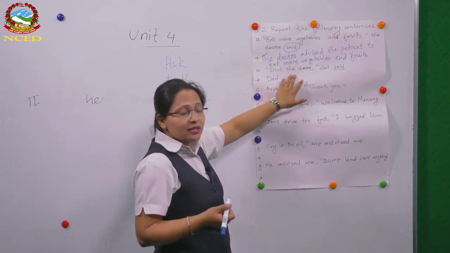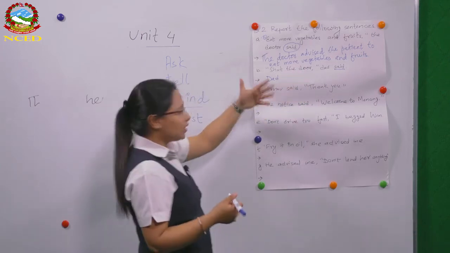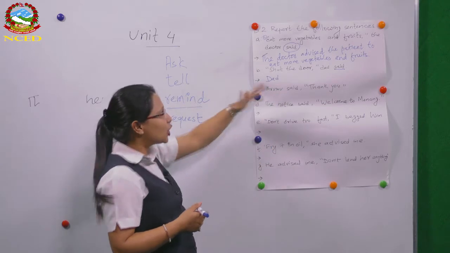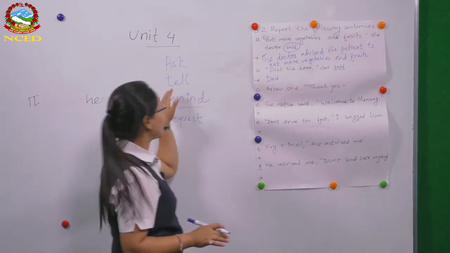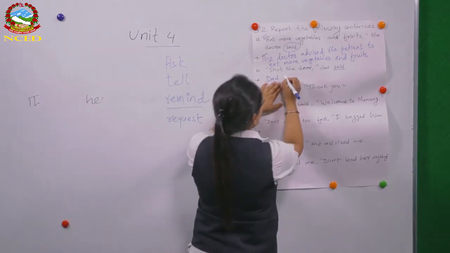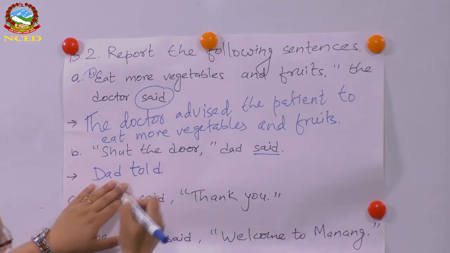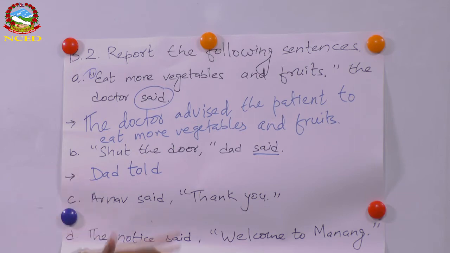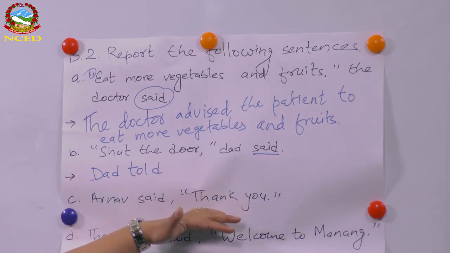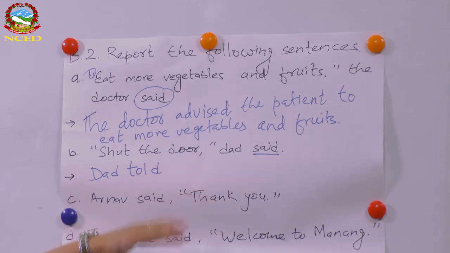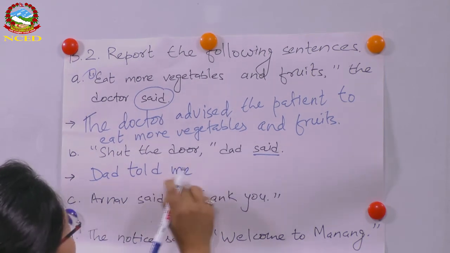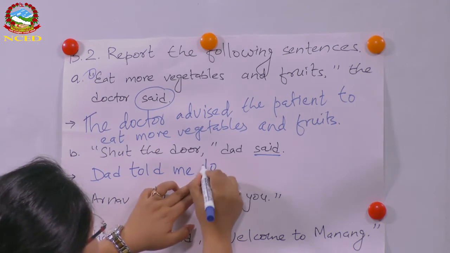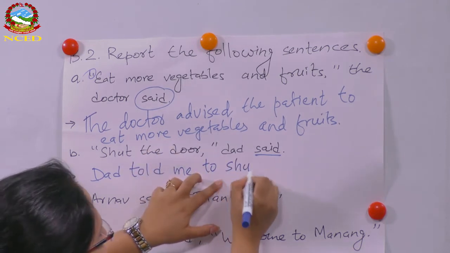So either you write Dad ordered, or if you are not sure whether order will fit here or not, just don't worry about it. What you write, tell, okay? So simply Dad told. Now whom? Again, there is no object. You have to add it yourself, okay? Dad told me, simply, okay? Dad told me to shut the door.